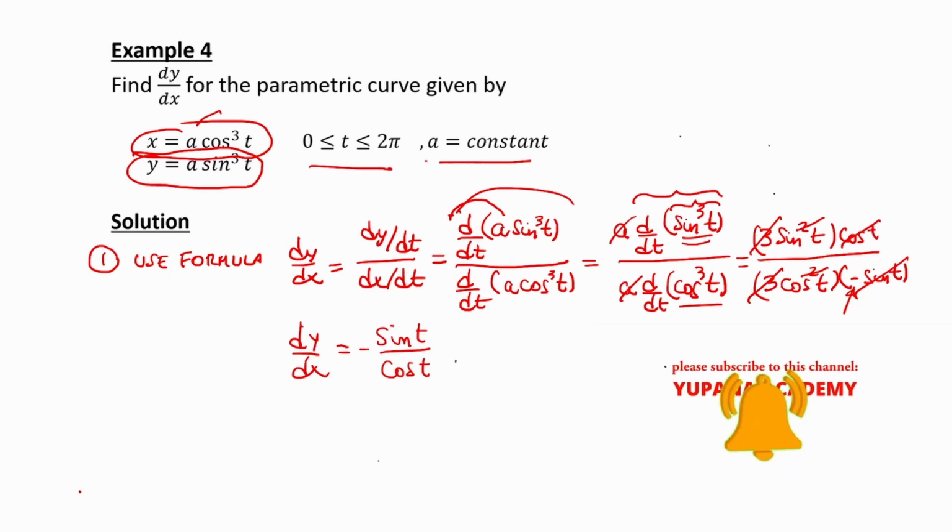So that will be the answer, negative sine of t over cosine of t, which we can also write by using trigonometric identities as negative tangent of t. So the answer will be negative tangent of t.